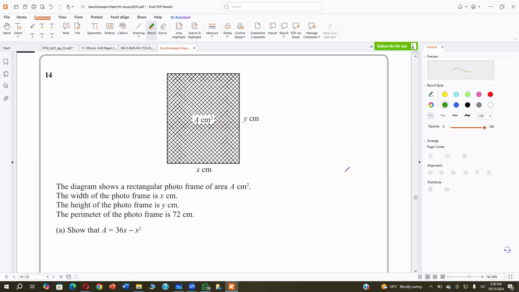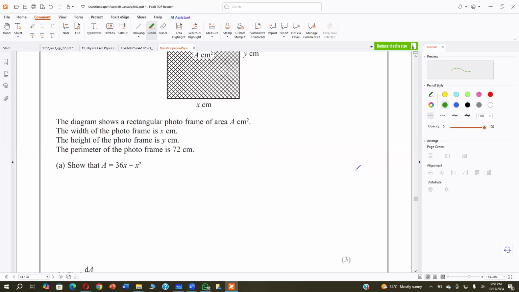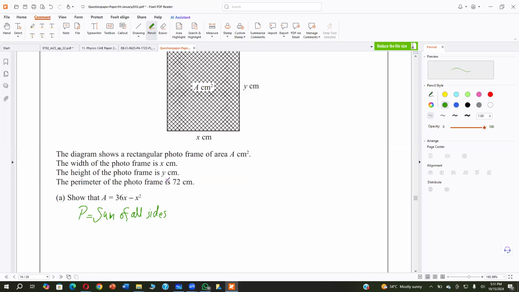Show that. So first we make an equation in terms of perimeter, X and Y.